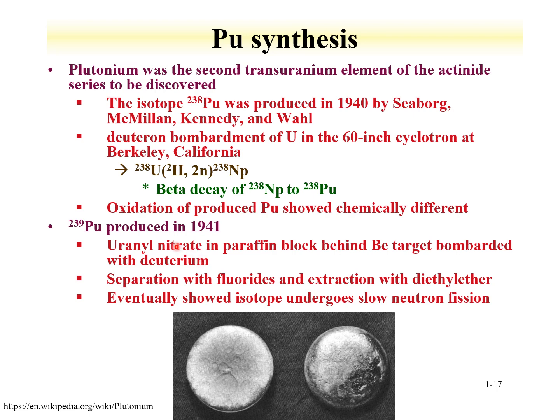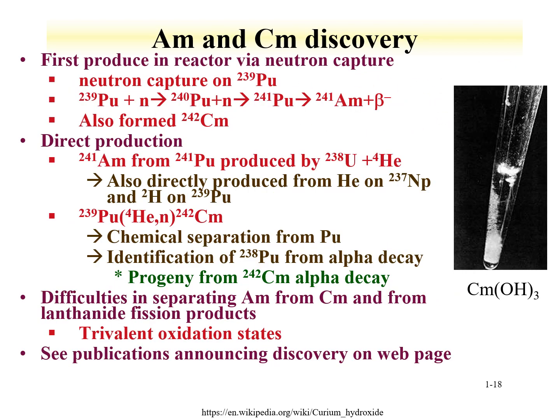That would decay to neptunium-239, and that would decay to plutonium-239. There was a separation with fluorides and extraction with diethyl ether, and they showed that, like uranium-235, plutonium-239 would undergo fission with slow neutrons. For this work, Glenn Seaborg and others were awarded the Nobel Prize.